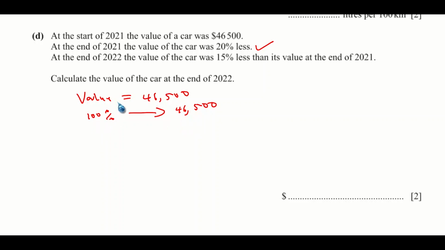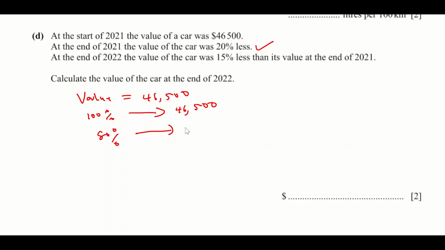But at the end of 2021, the value of the car was 20% less. If the value was 20% less, that means the value of the car at the end of 2021 was at 80%, that is 100% minus 20%.